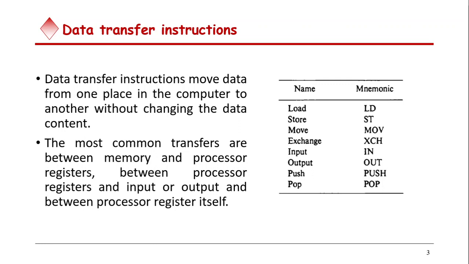The input and output instructions transfer data among the processor registers and input or output terminals. The push and pop instructions transfer data between processor register and a memory stack. So these are the different types of data transfer instructions.